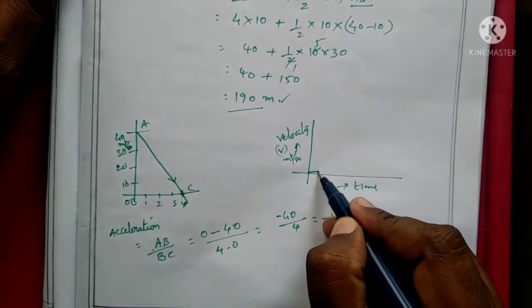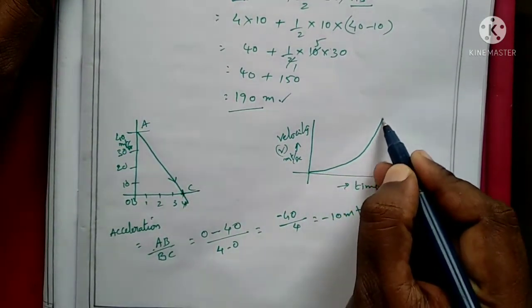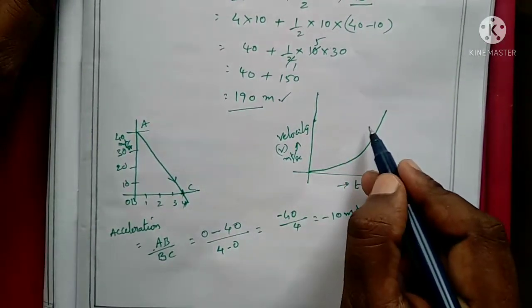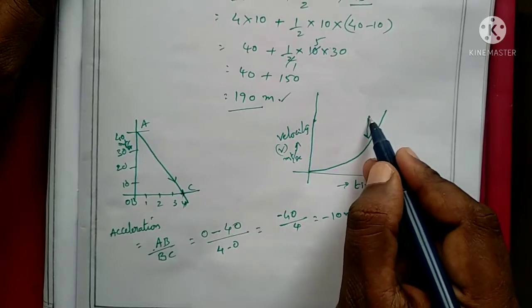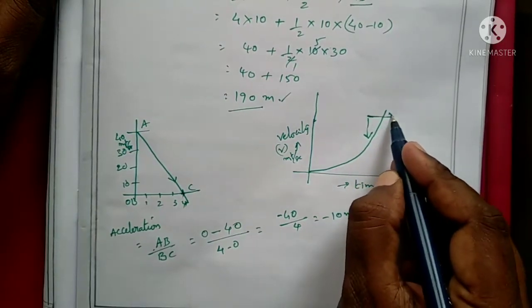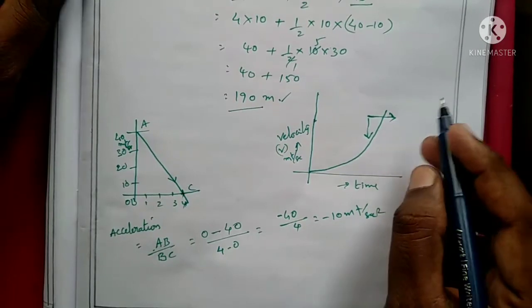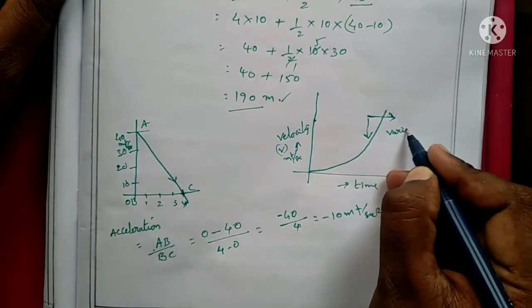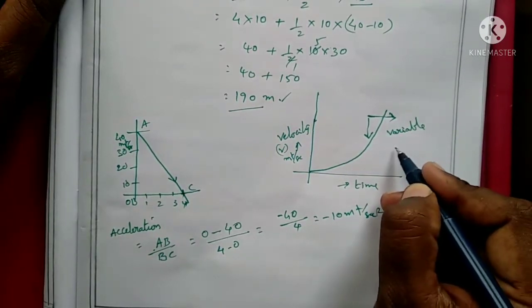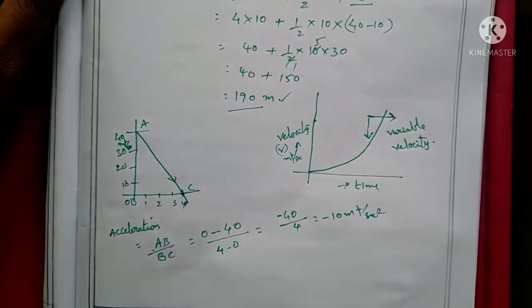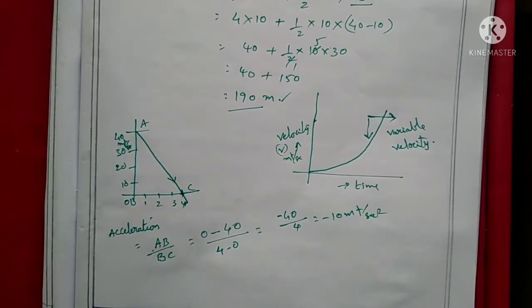For example, the graph looks like this. It indicates variable velocity. A body is moving with variable velocity. Okay. So different graphs are there.